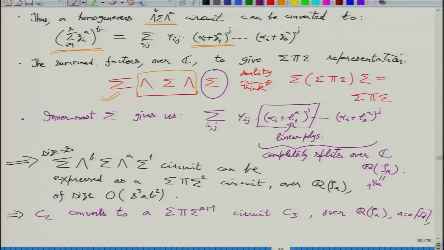So depending on this bottom fan-in, you have to go to this number field, and there you will get a circuit C3 of depth 3, with that much bottom fan-in, of size S3, which is slightly super-cubic, S2 cube. S2 was the size of C2.